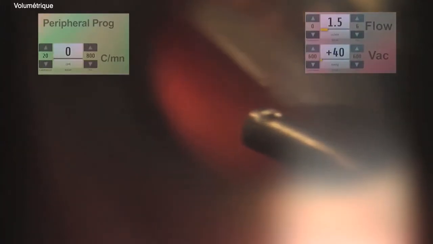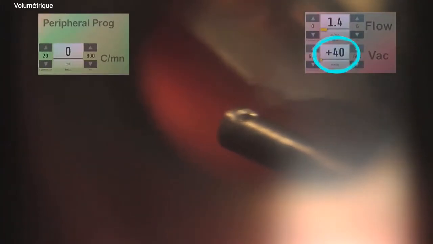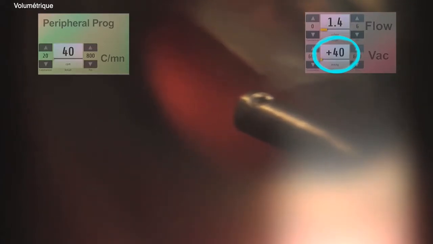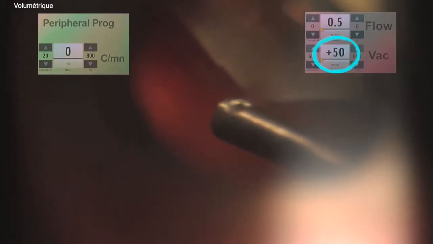If at that moment the pressure at pump level is measured, this pressure is positive, higher than atmospheric pressure. How can this be explained?